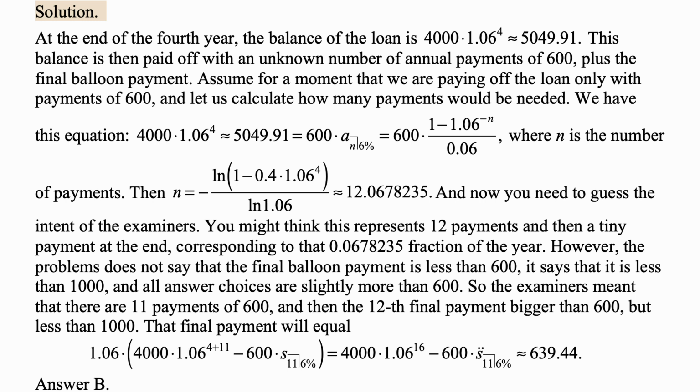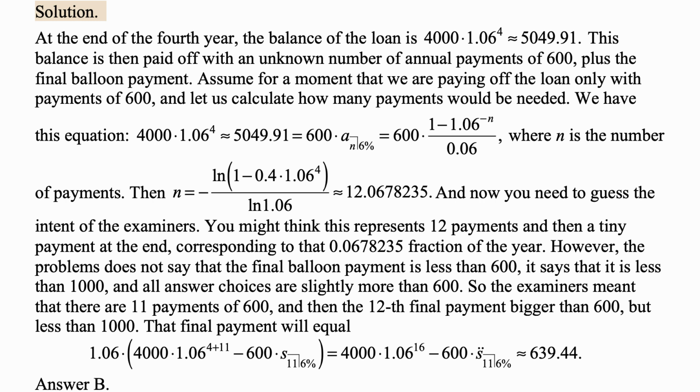The accumulated value of the loan will be 4,000 times 1.06 to the power 4 plus 11, so 15, minus 600 times s angle 11 at 6%. But that's at time 15. And the balloon payment at the end comes at the end of that year. So we need to take all of this now and move it to the end of the 16th year, to time 16.